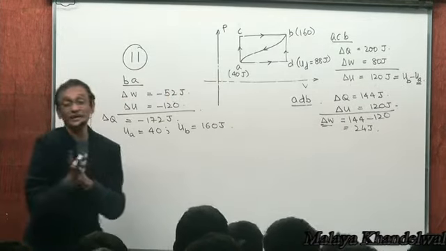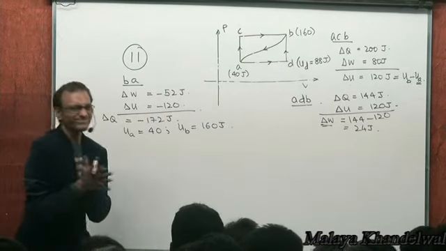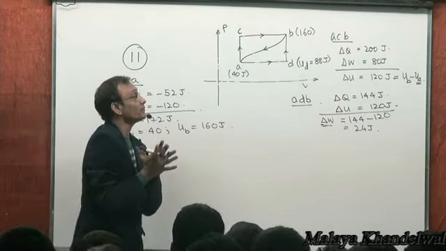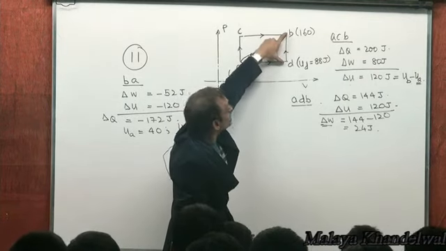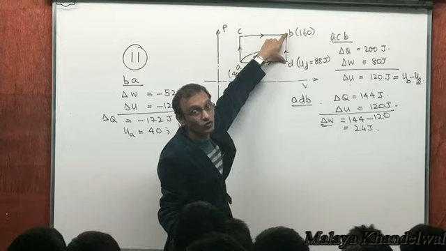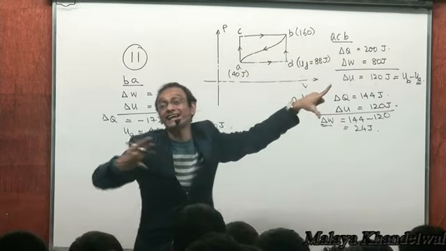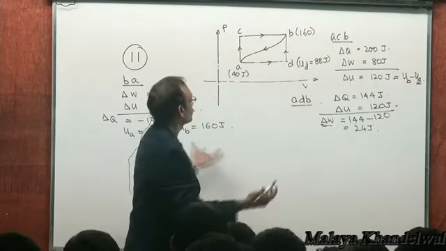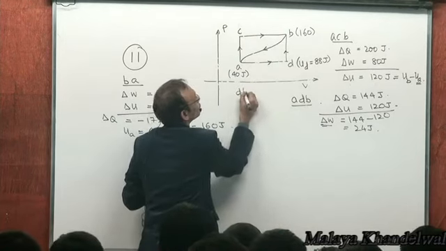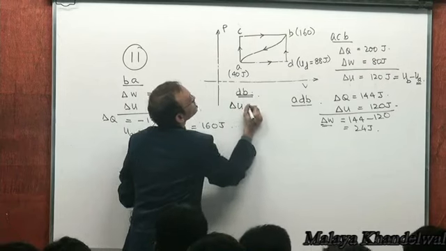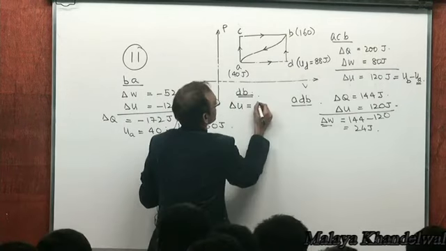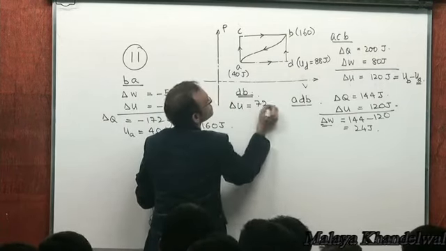What is the heat absorbed in DB? See, when you go from D to B, what is the work done? 0. Heat absorbed therefore must be the change in internal energy, yes or no? So, from D to B, the change in internal energy is 72 joules.